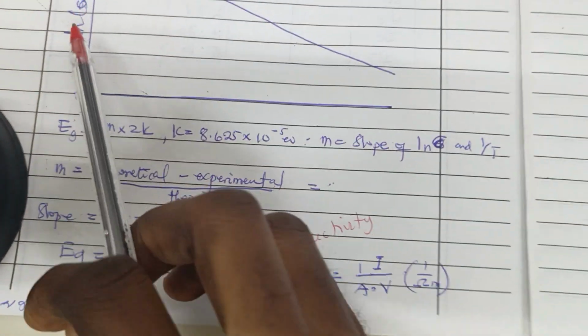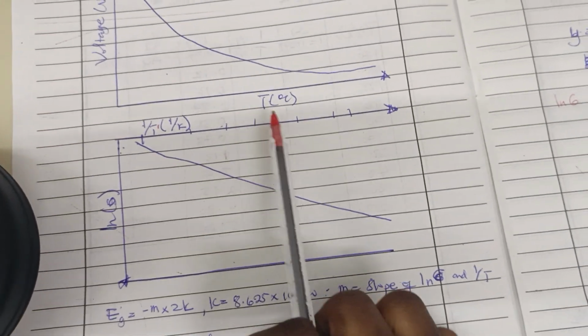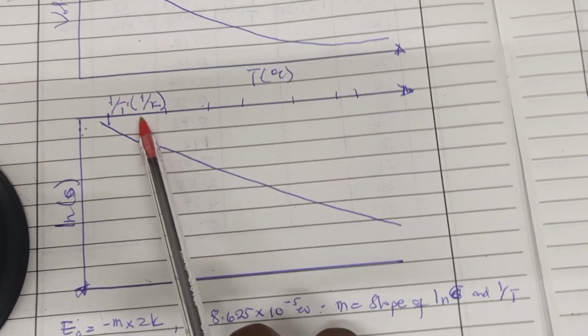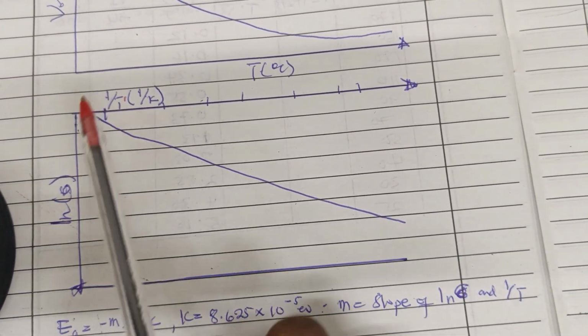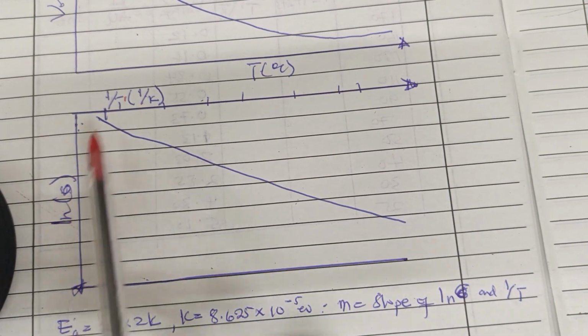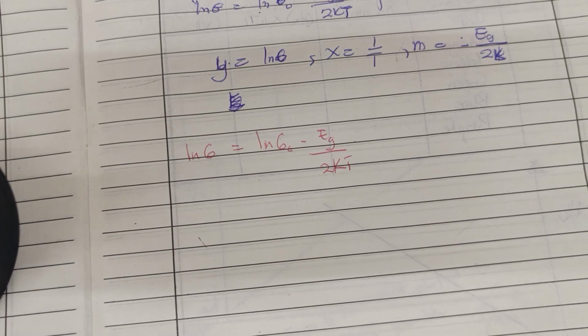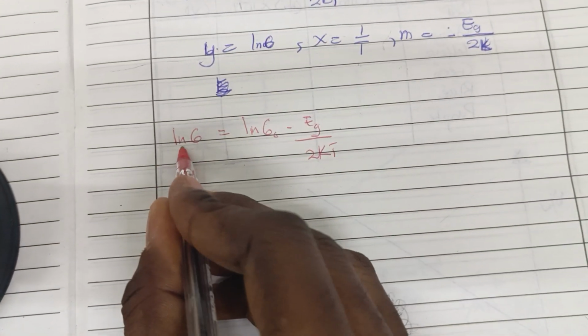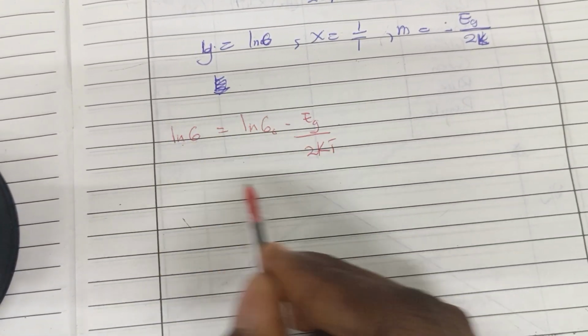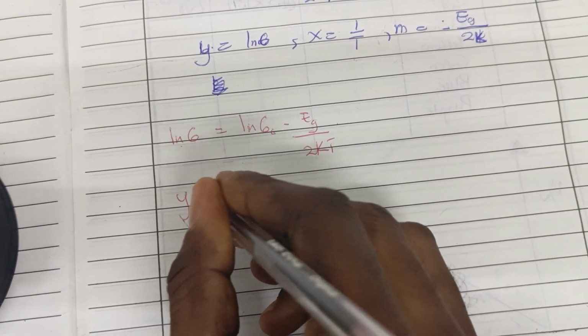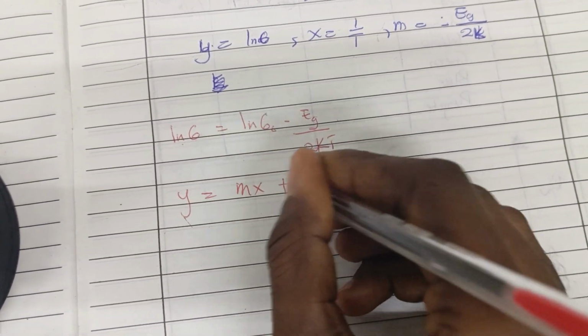Now realize that we are plotting this against this. It means this is on the y-axis, this on the x-axis. So if you follow the other videos very well, you realize that if this is our y, we are supposed to arrange this to look like y equals mx plus c.